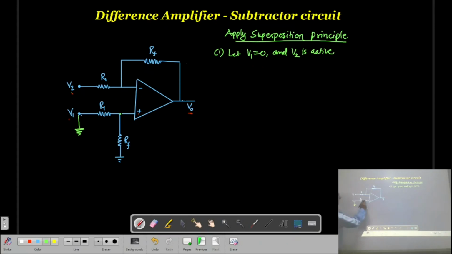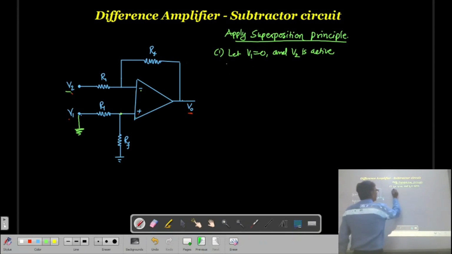Its potential is also 0. So this is simply working as an inverting amplifier. Remember, because your input voltage is given to the inverting terminal and the non-inverting terminal is connected to the ground. So it is simply an inverting amplifier.